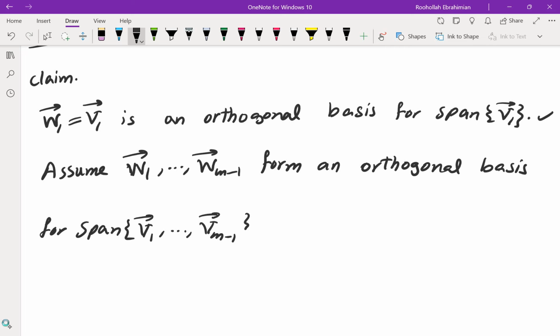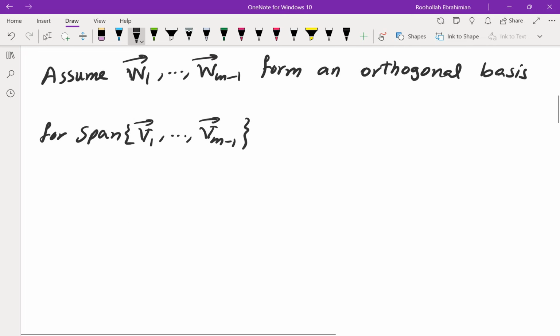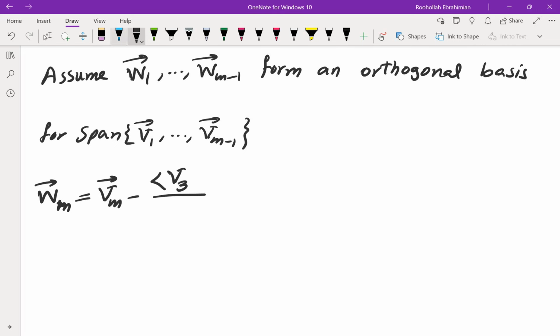What we're going to do is show that wm is orthogonal to the previous ones, which would mean they are all orthogonal, and then we will also show that they span the same space. If you look at wm, by definition it is vm minus the projection of vm onto each one of the previous vectors.